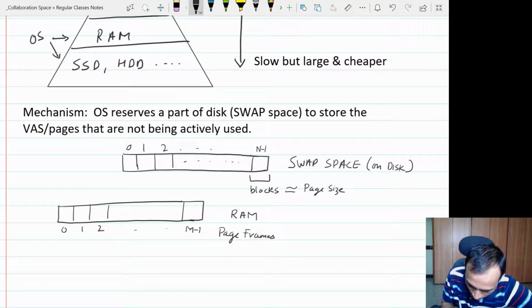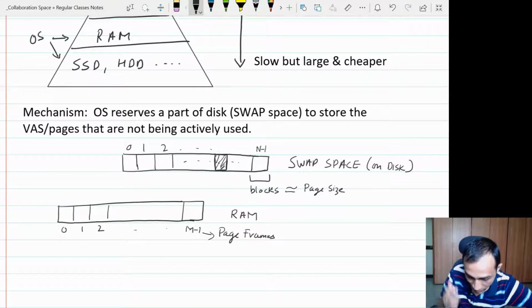Now let us say we wanted to access something, so we brought some portion of the code into the RAM and started that process running. But now that process wants to access some other library function which was not yet brought into memory but is residing in your swap space. So the executable of that program may be residing somewhere in the swap space. Let us say this block of the code. Now the process makes a reference, and it is not present in your memory.